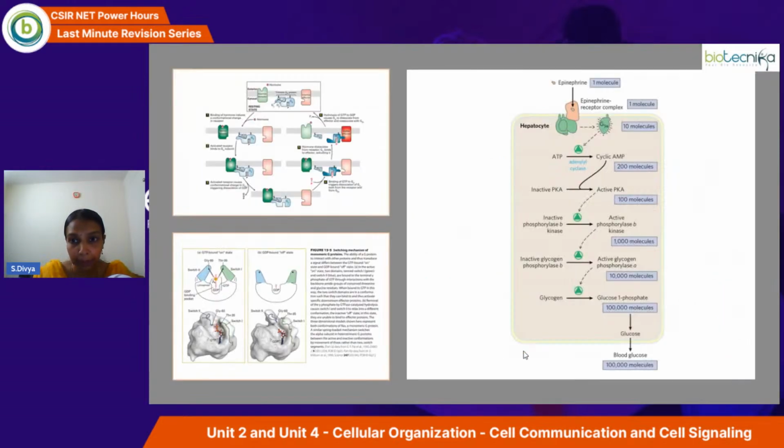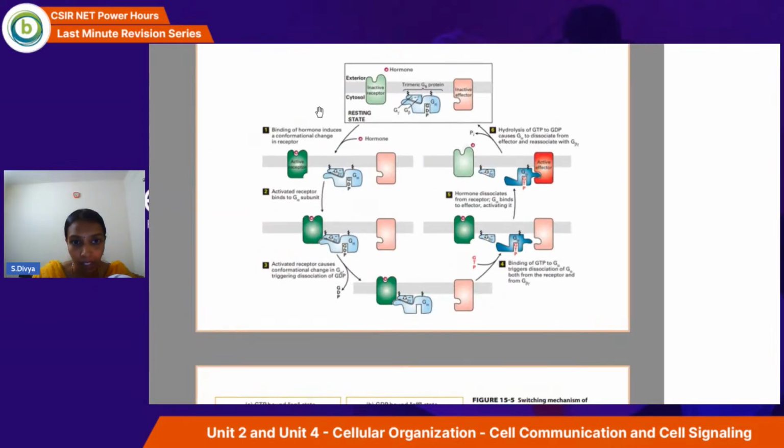If you look at the image, in the resting phase, these are the inactive forms, with GDP bound to the G protein. If the hormone binds, the receptor undergoes a conformational change and the G protein binds to it. When it binds, GDP is released and GTP goes in.